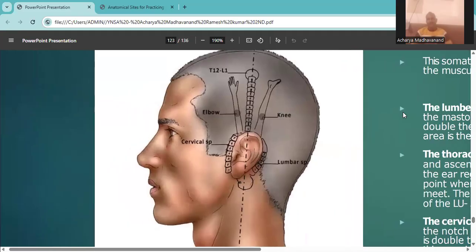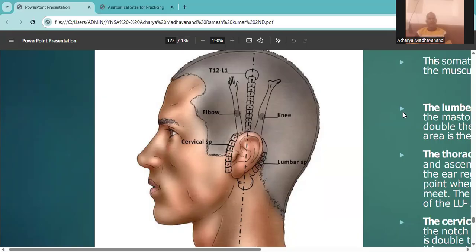So you see here, below the earlobe, there is the head. Then on the front side of the ear, there is the cervical area. Then back, there is the lumbar area.